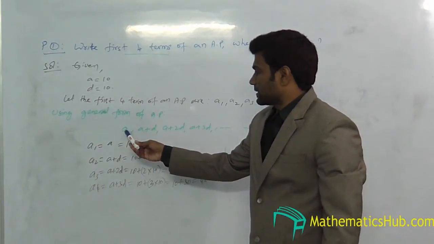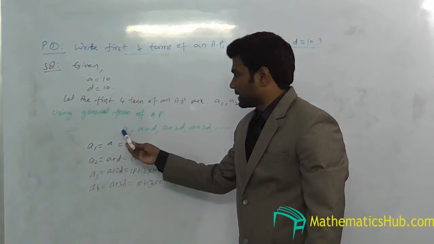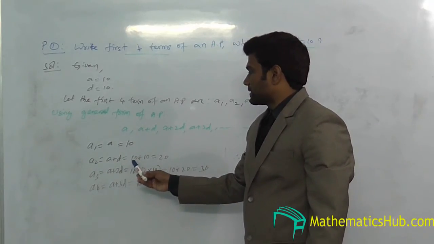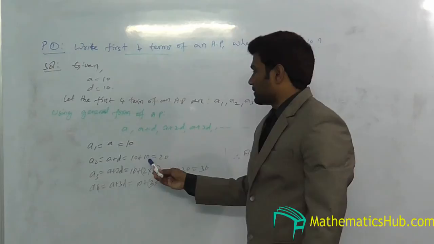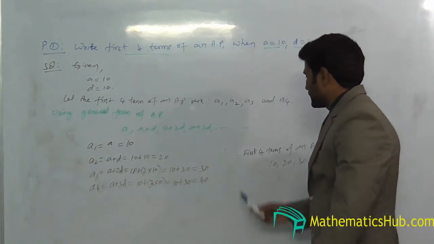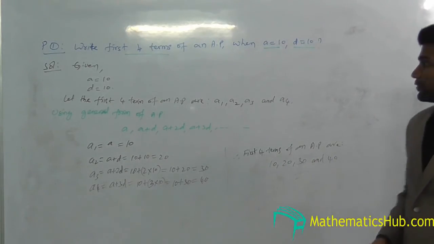So the first term A1 equals A, that is 10. Second term A2 means A plus D, that is 10 plus 10, 20. Third term 30, fourth term 40. Therefore the first 4 terms of an AP are 10, 20, 30 and 40.